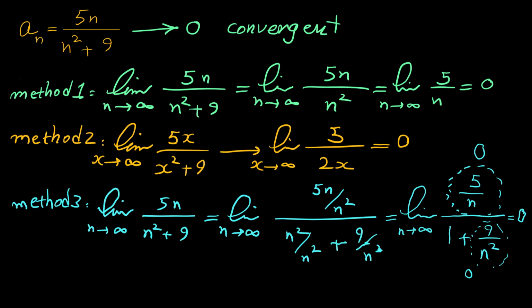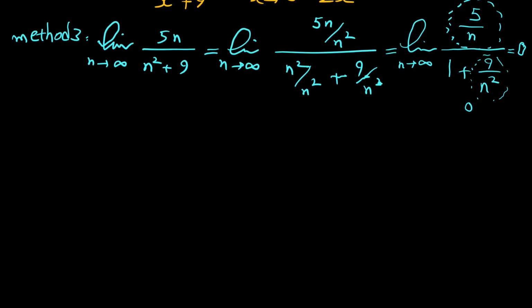And now let's talk about the fourth method. In the fourth method, I want to remind you something again from limit of functions. So let me rewrite the given sequence here. The sequence was 5n over n to the 2 plus 9. But before that, let me remind you something from limit of functions at infinity.